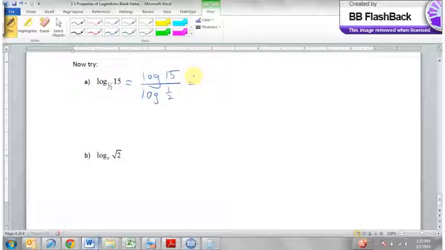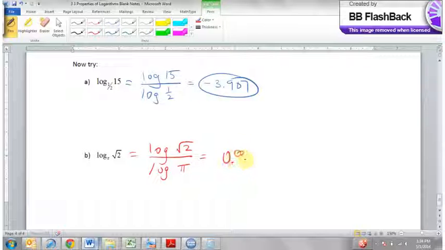When you put that into your calculator, you should get negative 3.907. For the second one, you should have gotten the log of radical 2 over log of pi. And that should get you 0.303.